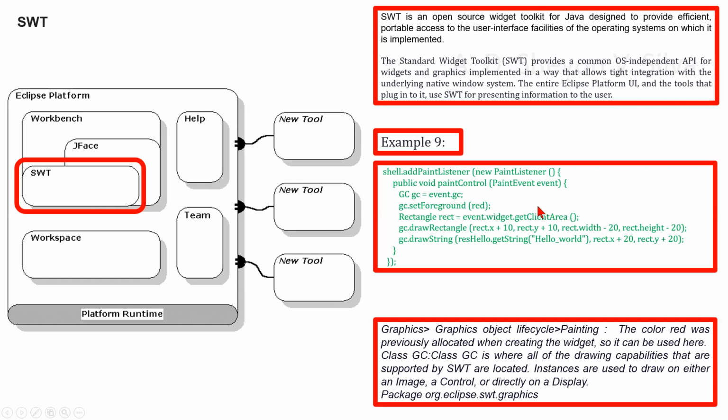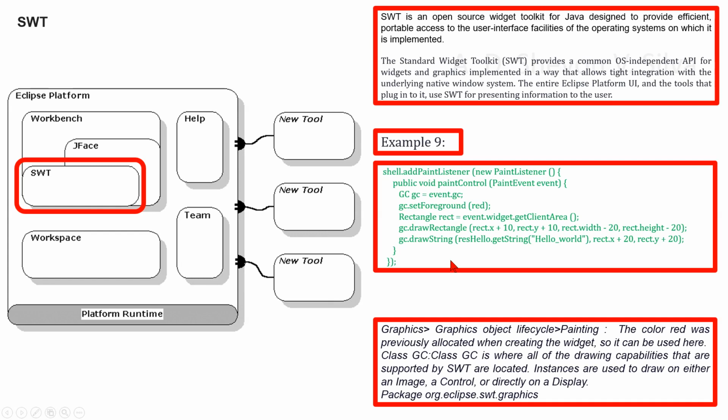When you receive a paint event, you will be supplied with the GC pre-configured for drawing the widget. Do not free this GC. You did not create it. Any other graphics object must be allocated while handling the event or beforehand.